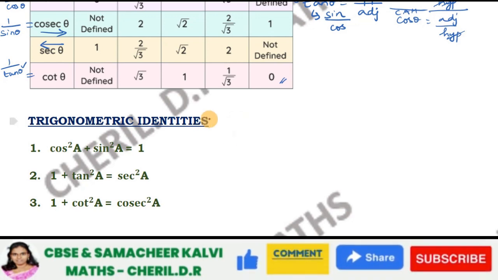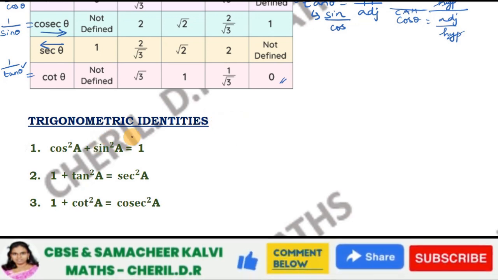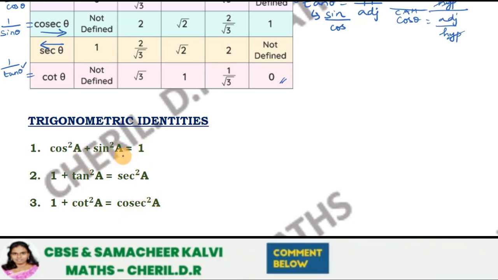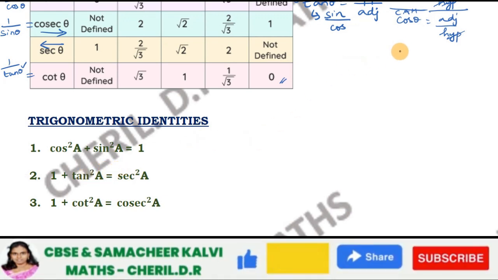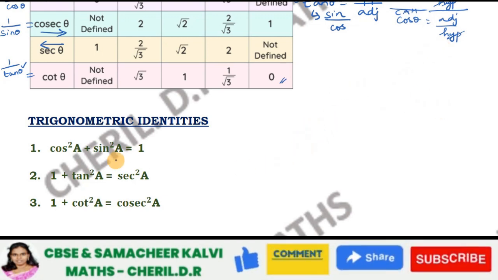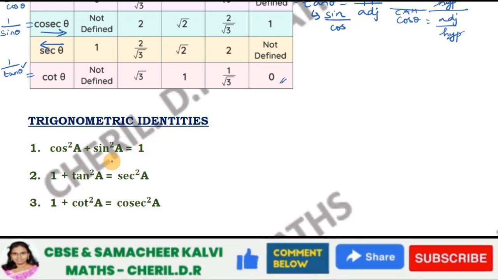What are these trigonometric identities? We will have to remember these three formulas. So cos square A plus sin square A is 1. If you substitute all these, opposite by adjacent, adjacent by hypotenuse and all that, you will finally end up getting this value 1 only. So that is how they have derived it.